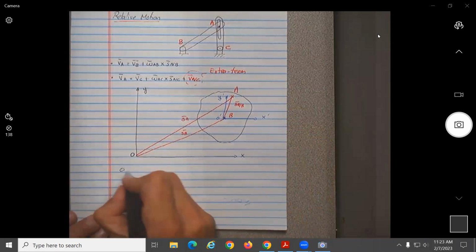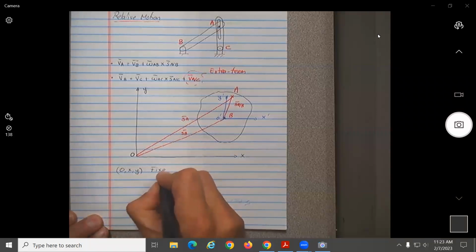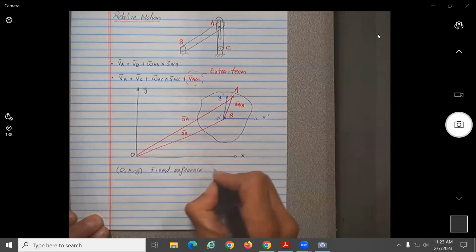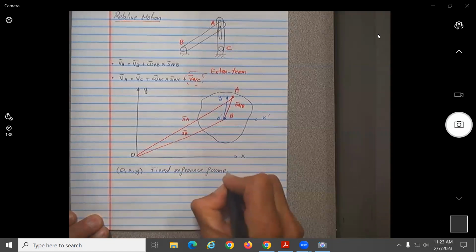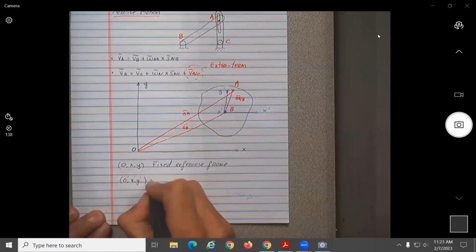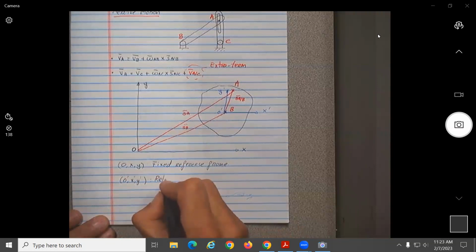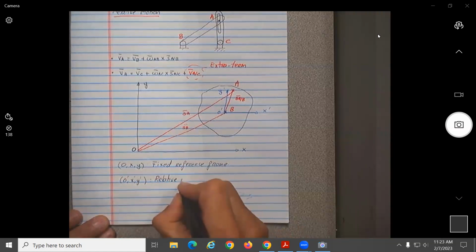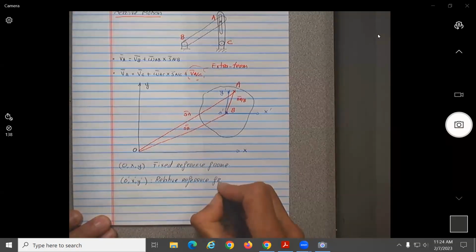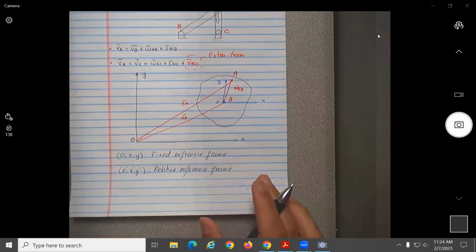The O, X, Y is generally what is known as the fixed reference frame, and the O prime, X prime, Y prime we're going to call the relative reference frame.